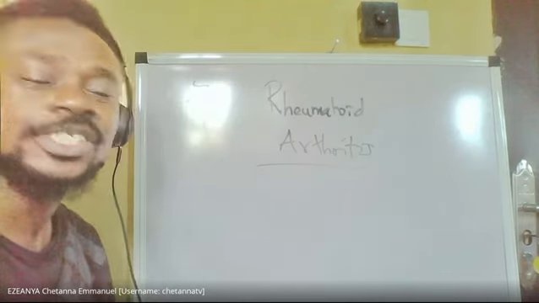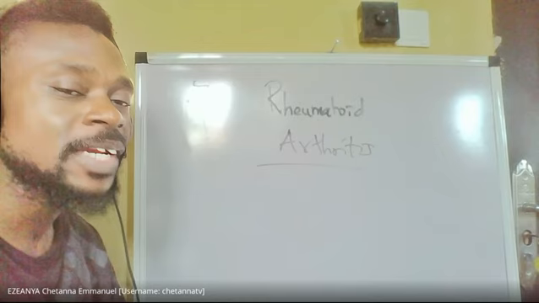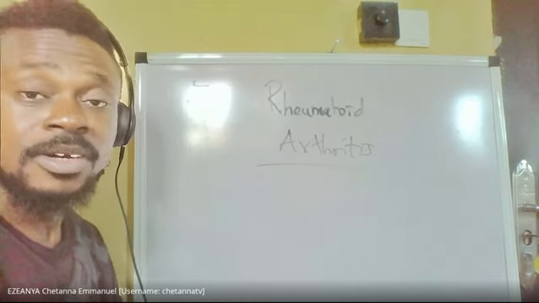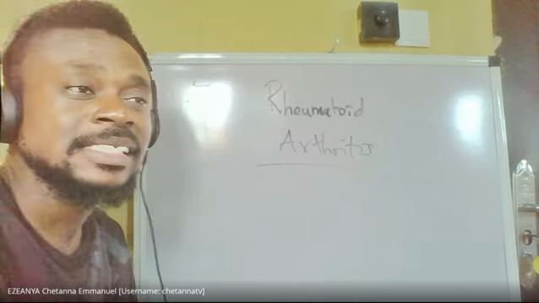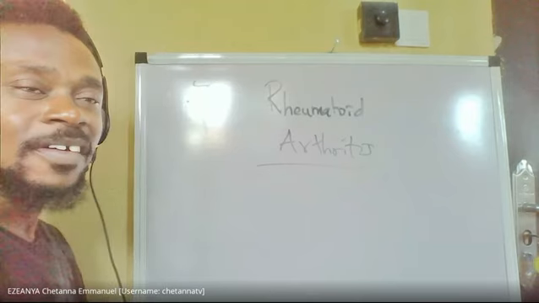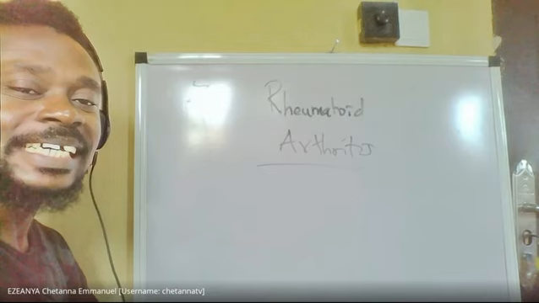Rheumatoid arthritis. What is rheumatoid arthritis? It comes as a result of the body fighting itself.